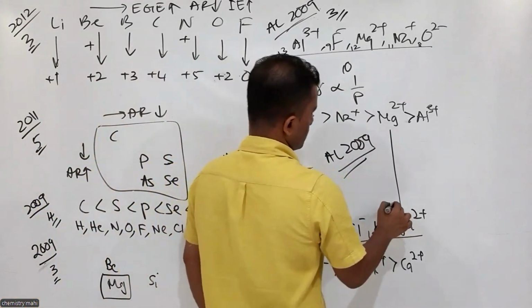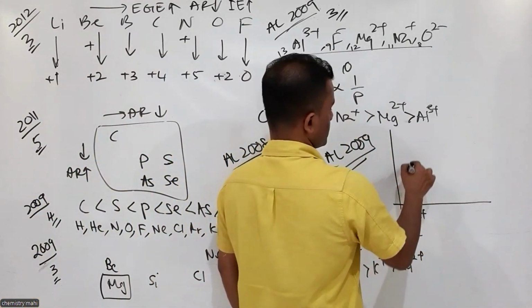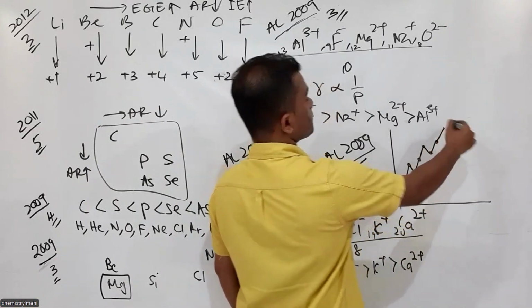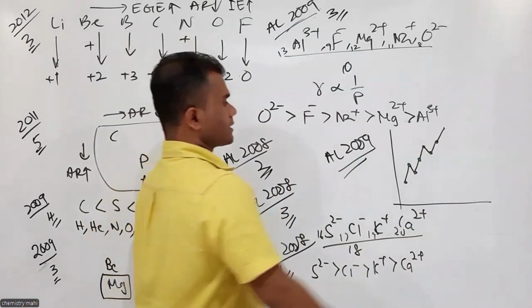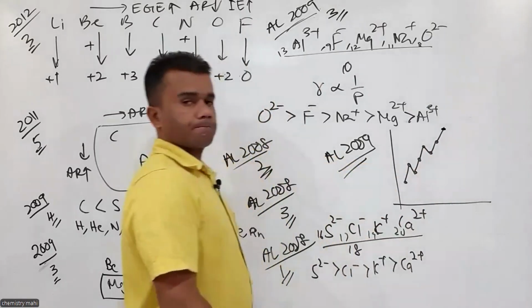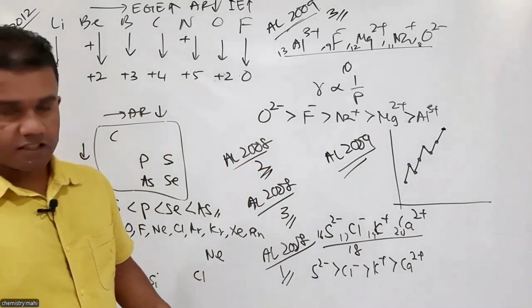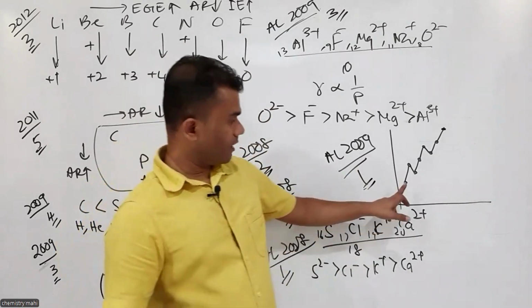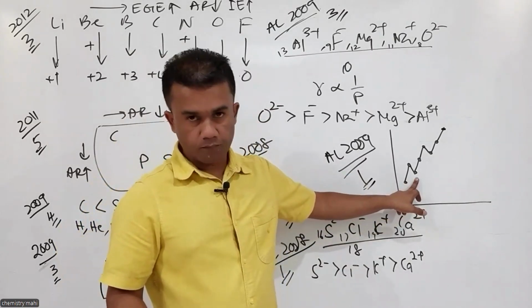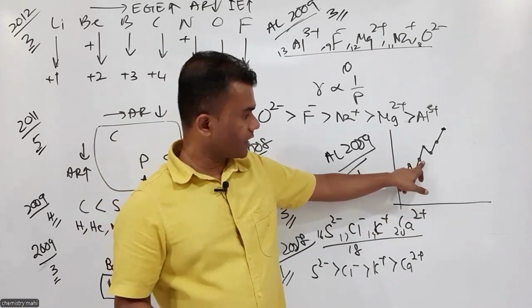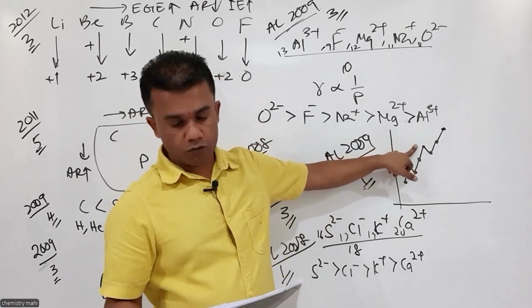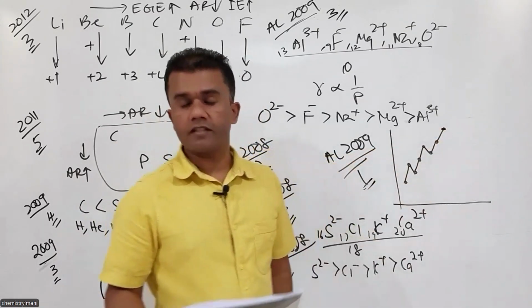That means second period only: lithium, beryllium, boron, carbon, nitrogen, oxygen, fluorine, and neon. Zigzag variation is there. Which one is it? First answer. Lithium, after that boron, then beryllium, after that carbon, then oxygen, and then nitrogen. That order, and finally fluorine. It's given in first answer.